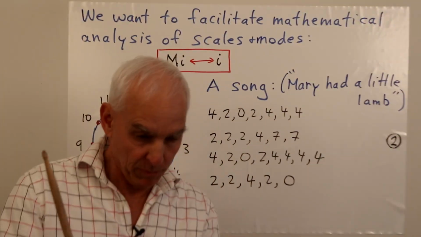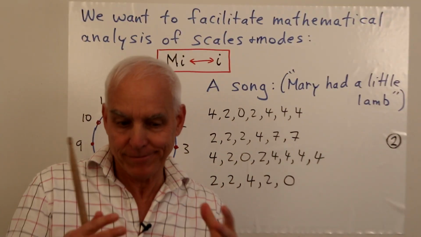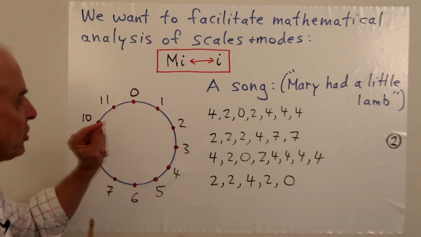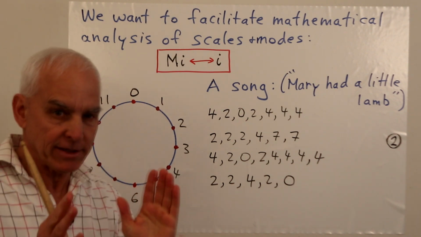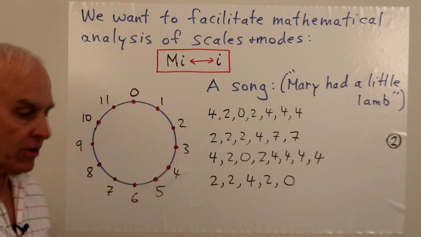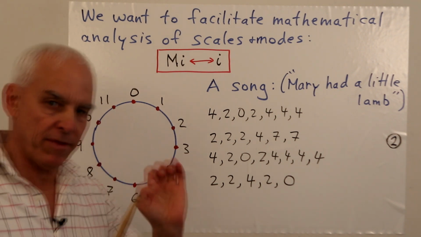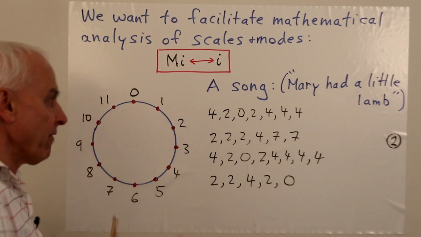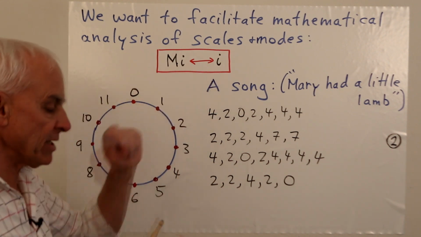So to help us apply some mathematical thinking to this situation, I'm going to shift our notation just a little bit if the context is clear. So instead of calling the notes M0, M1, etc., we're just going to refer to them with the numbers 0, 1, 2, 3, up to 11. Okay, so Mi is going to be replaced with i.